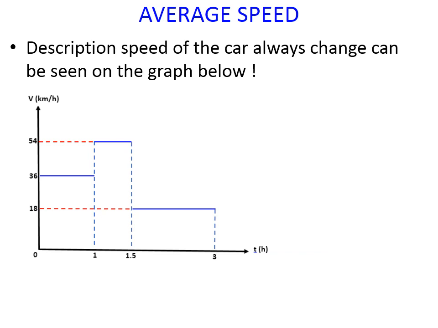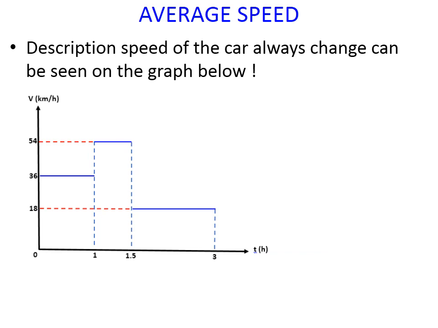And between time interval 1 hour and 1.5 hour, the car moves with constant speed 54 km per hour. This is shown by the second blue straight line.